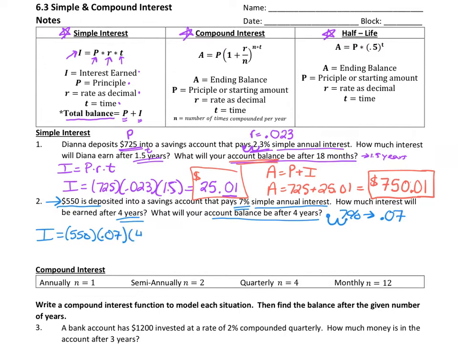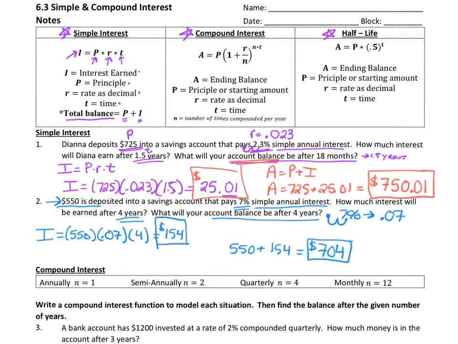And then the time is 4 years. So I'll have $154 earned in simple interest. Now to find the account balance, I need to take the principal or the starting amount and add it back to the interest. And so the account balance will be $704.